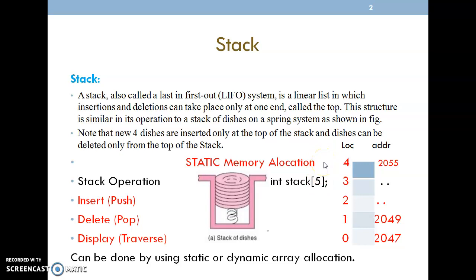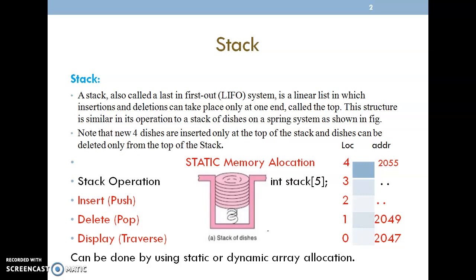Then you can perform the stack operations either by using static or dynamic memory allocation. The difference is that in static memory allocation, the values we assigned are fixed, and we cannot change them during execution. For example, if the stack size is 5, while inserting during runtime it is not possible to insert a new element.